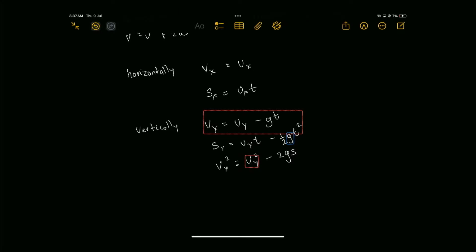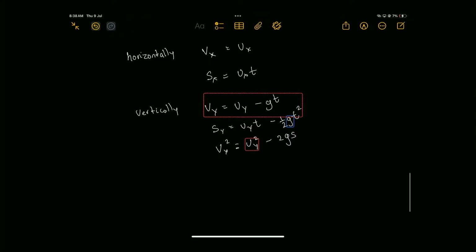Right? Therefore, we can use these equations here and rearrange it where Vy would be equal to 0, because at that point the velocity is equal to 0. So we can use the third equation, right?